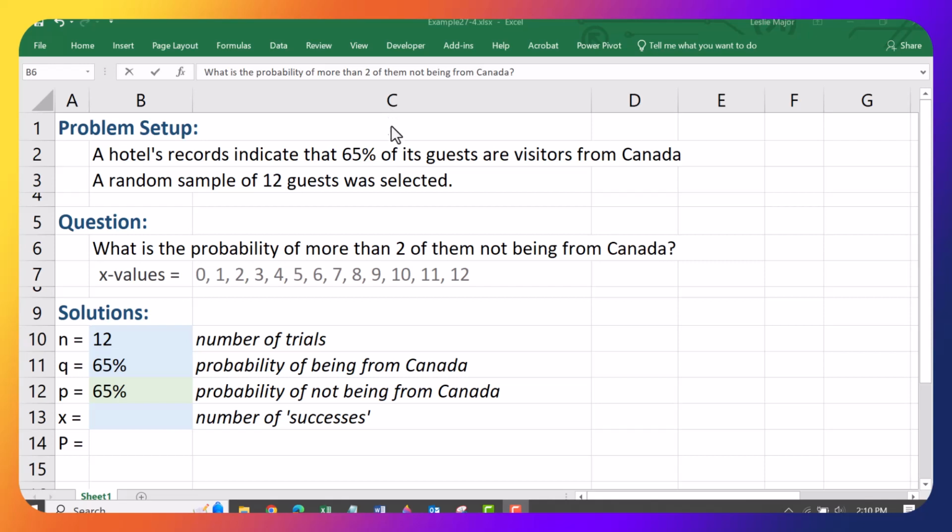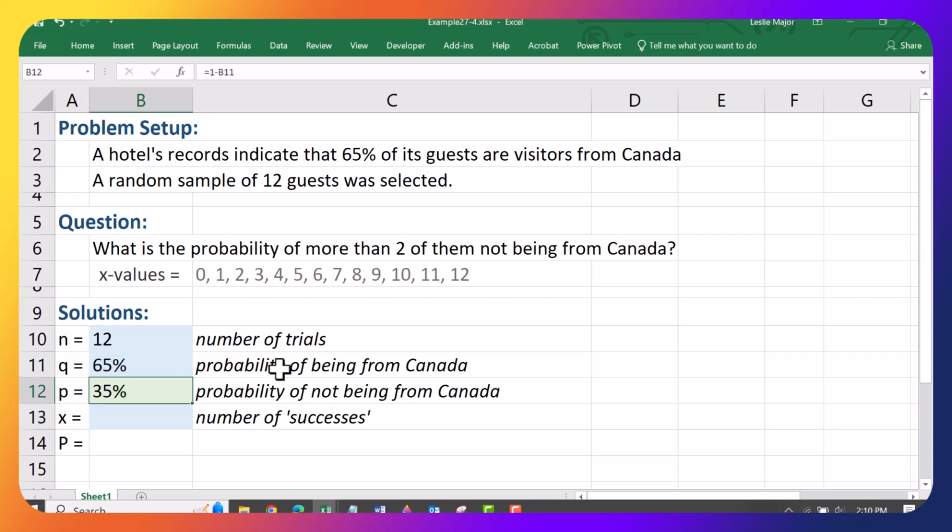Something we need to be mindful of here: we're talking about them not being from Canada. If we know that 65% of the guests or visitors are from Canada, then the odds of them not being from Canada will be 1 minus the 65%, which gives us 35%.